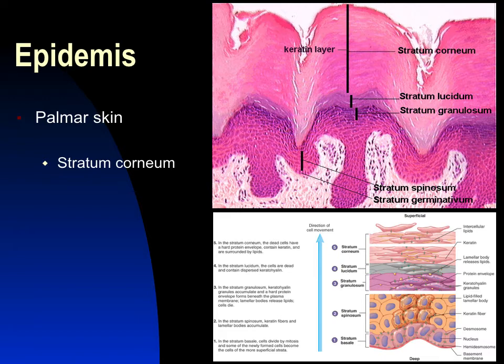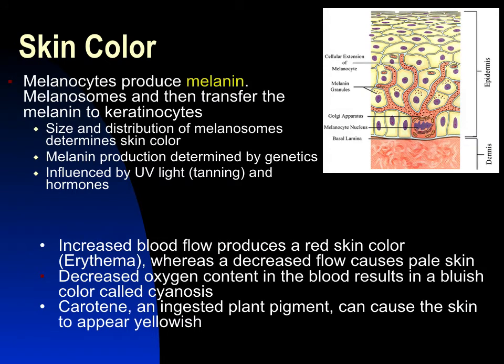And as those cells move towards the surface, they start developing these structures that are found in the dead cells: keratin, keratohyalin, the lipids that are released from the lamellar bodies. These things are all going to protect the skin. I did mention skin color. The melanocytes are producing melanin.